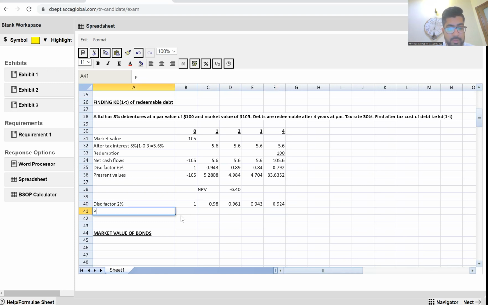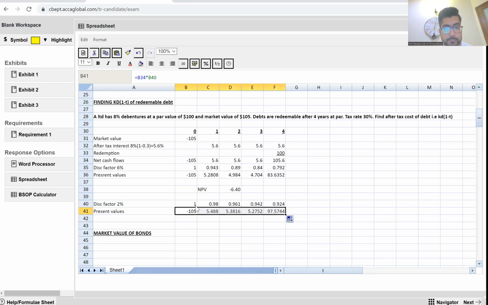Again, net cash flows into discount factor will give you present values. So net cash flow is 105, that's B34 into the new discount factor B40. Drag it on, and you get the other NPV as the sum of all, B41 to F41.